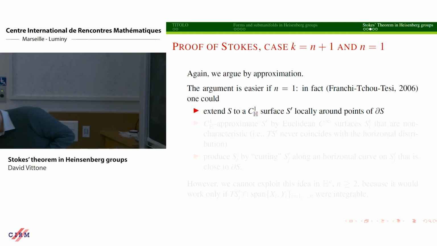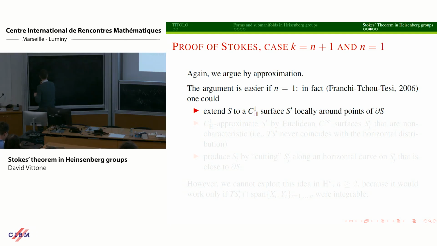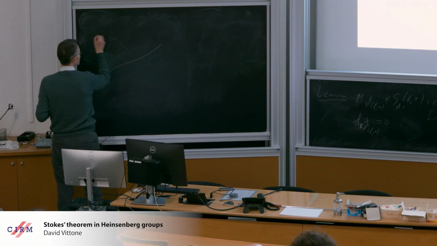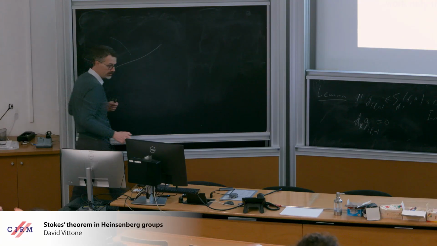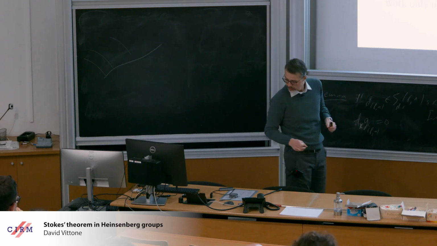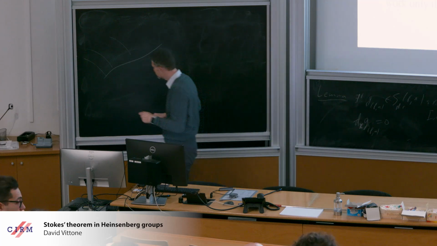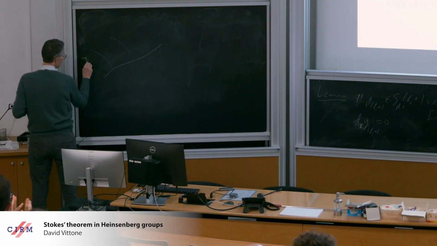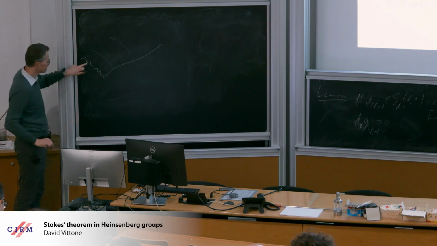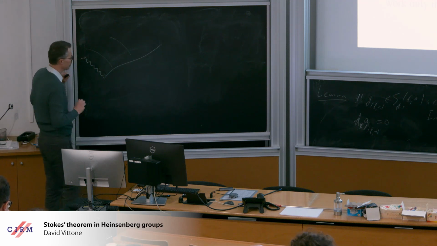So let me maybe draw a picture. Again, this is a C1H submanifold. Okay, this is only C1H, so let me draw it like this in order to stress the fact that it's not a regular submanifold.